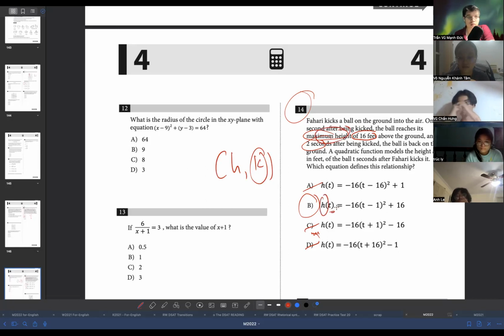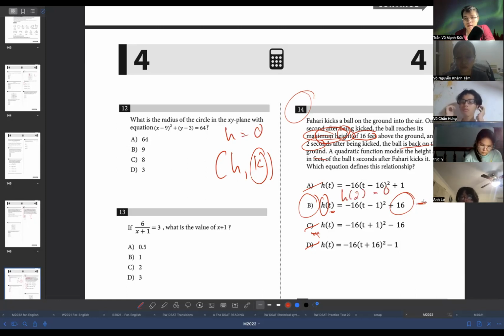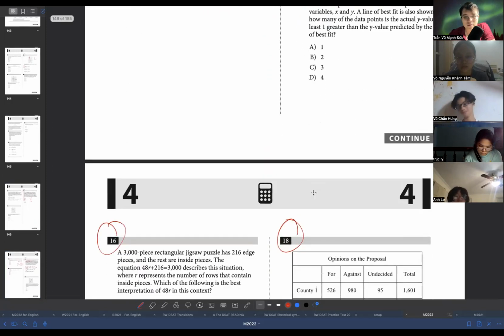The T value corresponds to X and the Y value corresponds to the height. So K is the height and 16 is the height, and you can just choose B. Or you can plug 2 in because this is back on the ground, so H of 2 is 0. The only satisfactory equation is B. So B is correct. Great.